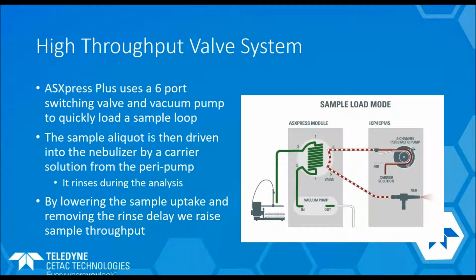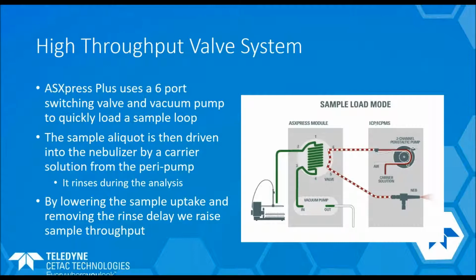With a valve system like the ASXpress Plus, we use a 6-port switching valve and a vacuum pump. The vacuum pump very quickly pulls up the sample into the sample loop, which is on the 6-port valve. You can kind of see it there. There's a loop between ports 1 and 4 in the picture. Once the sample is pulled into that loop, the valve will switch, and then port 1, which is currently connected to port 2, will become connected to port 6, and the peristaltic pump drives the loop onto the nebulizer.